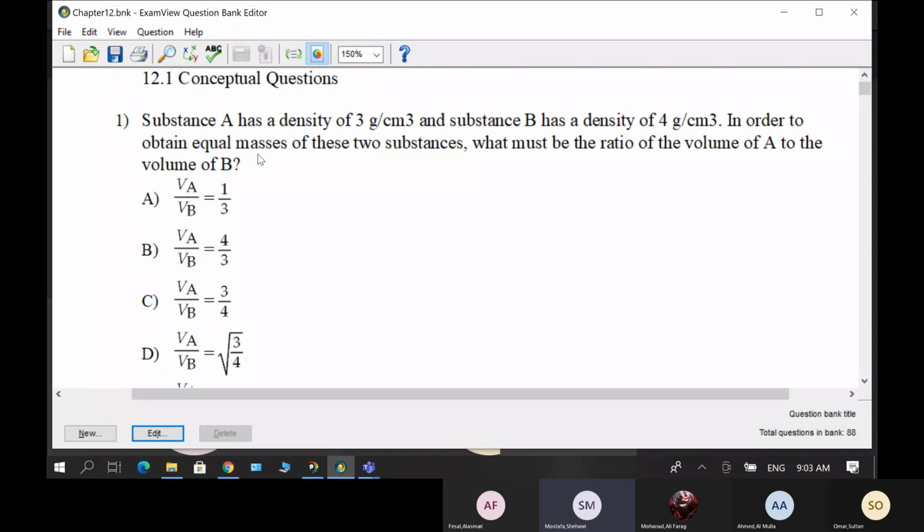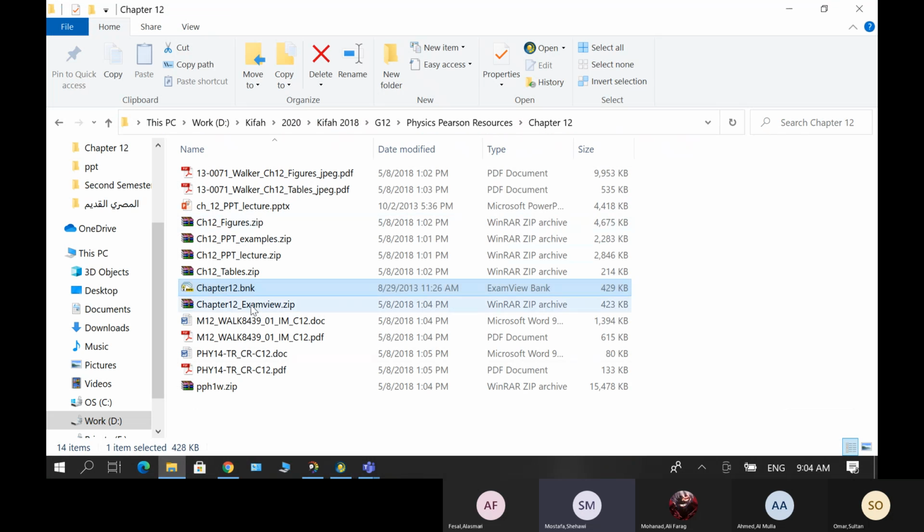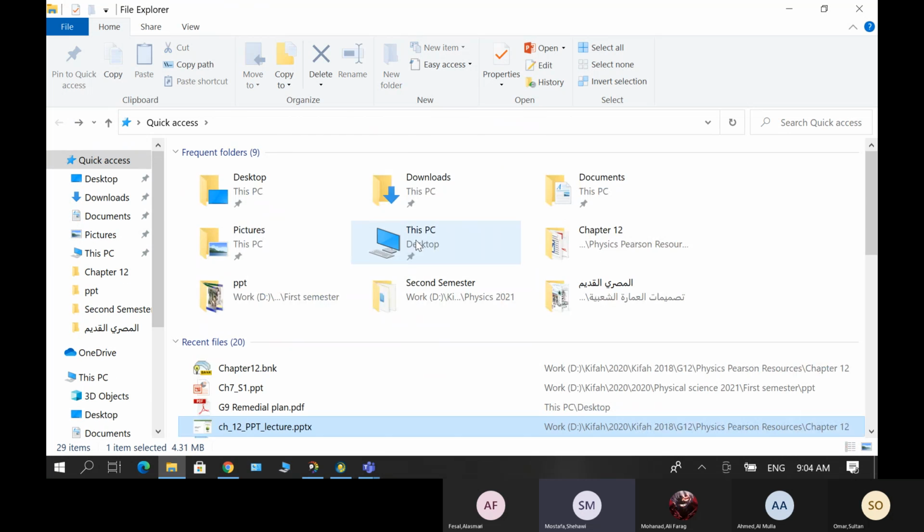So he's asking about two substances with two different densities. You have to do it with an equation. Let me start. If you can do it with the equation, do it. I'll show you how to do it first.